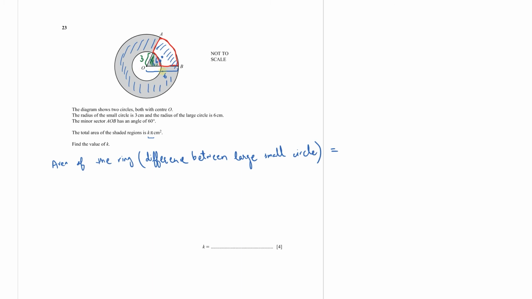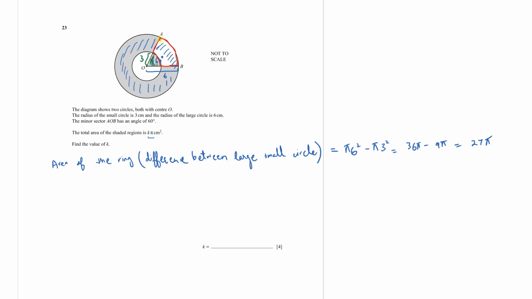The large circle has radius 6, so that will be pi times 6 squared minus pi times 3 squared, which is 36 pi minus 9 pi, which is 27 pi. So 27 pi is the area that I've marked here in these blue lines.